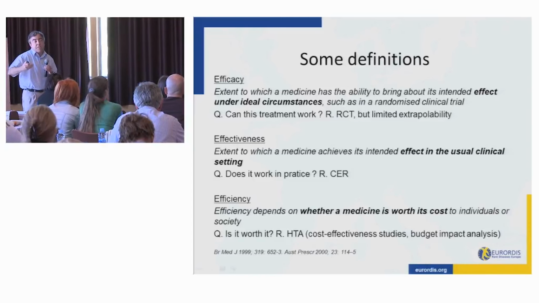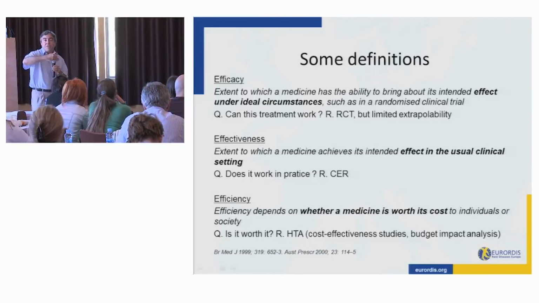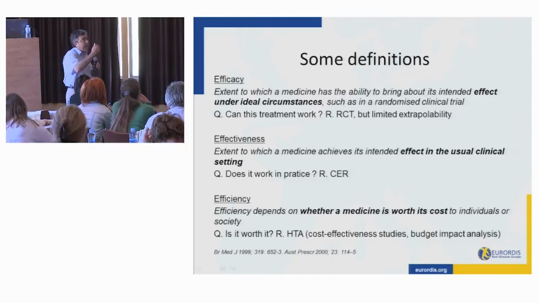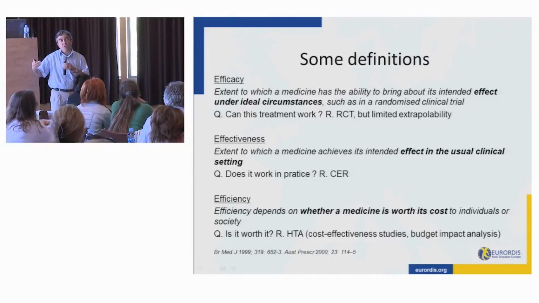There are many circumstances in which we observe results from clinical trials which are not observed in practice, for many different reasons. It could be compliance related to side effects. It could be that the health system in specific territories does not correspond to the conditions of inclusion of patients in clinical trials, etc. So we have to keep in mind that the data we observe from clinical trials, which are included in the applications for marketing authorization and also for HTA purposes, do not always correspond to what we observe in practice.